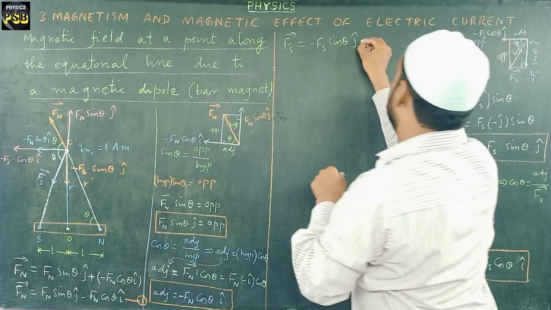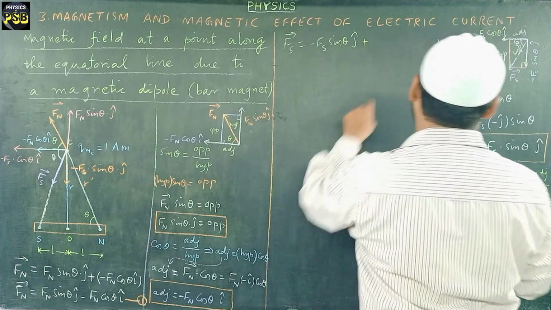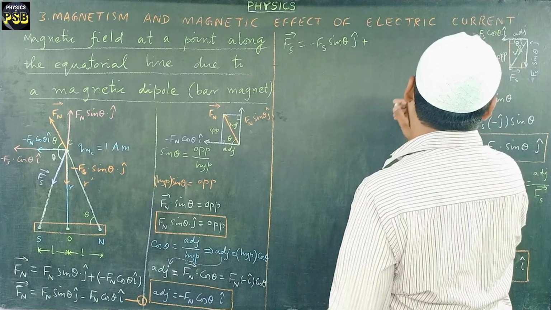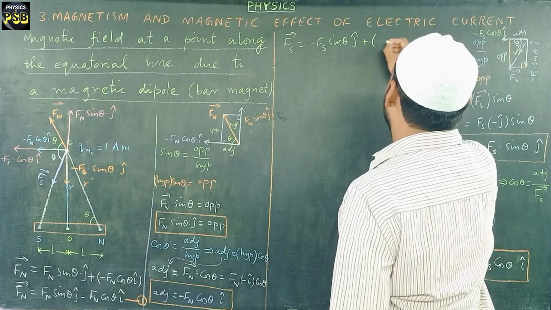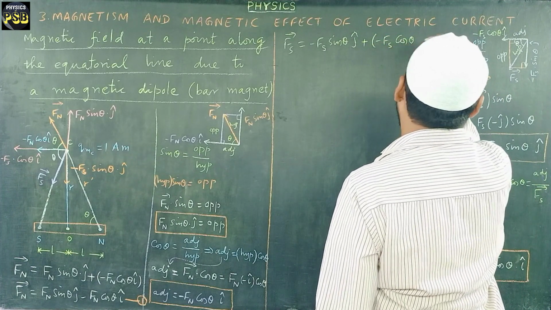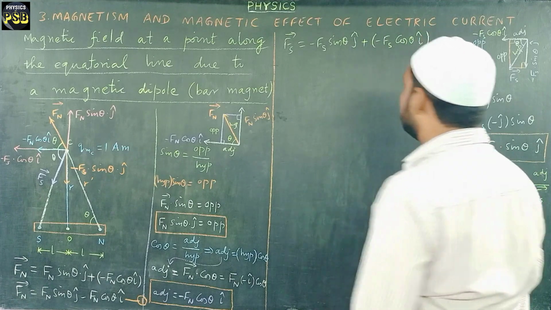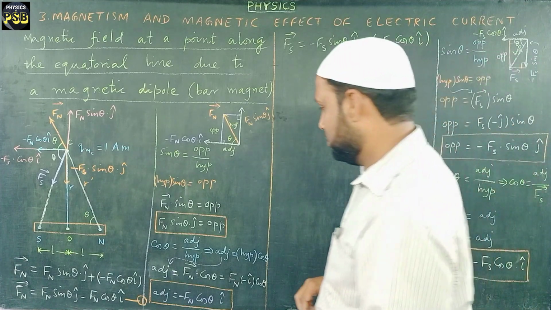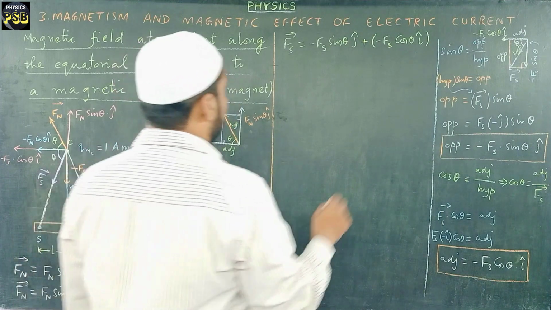Then I add this with the horizontal component, minus Fs cos theta i cap. Here I go step by step for better understanding. Clear? So what do I get here?